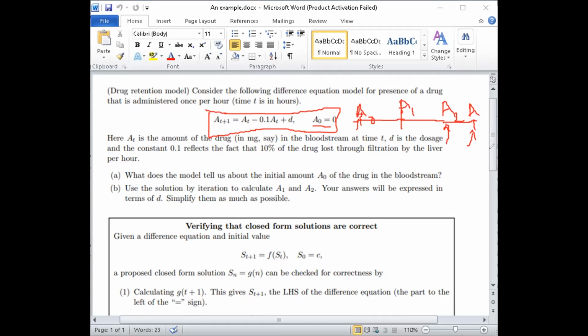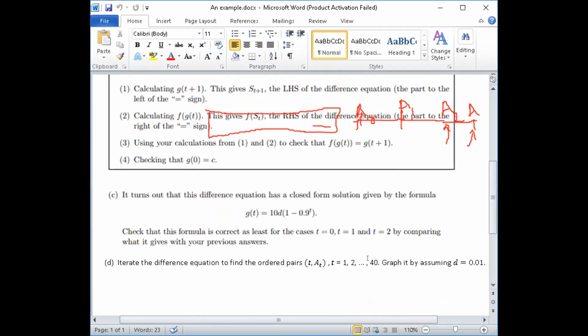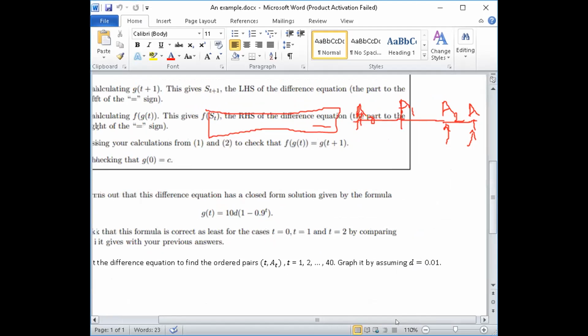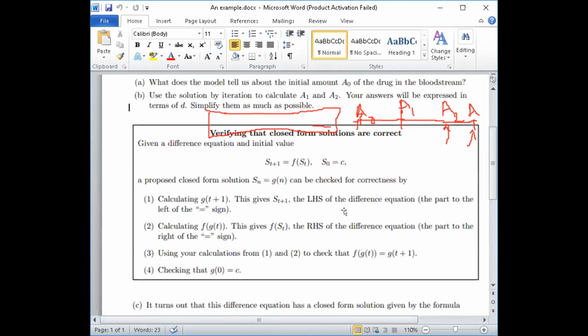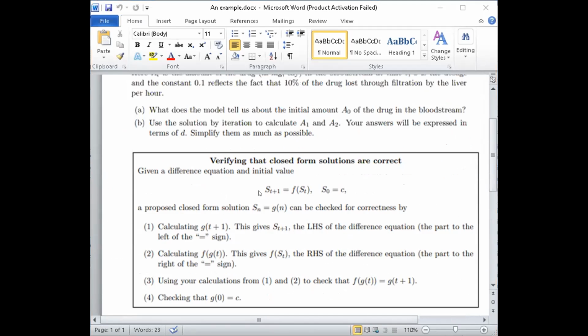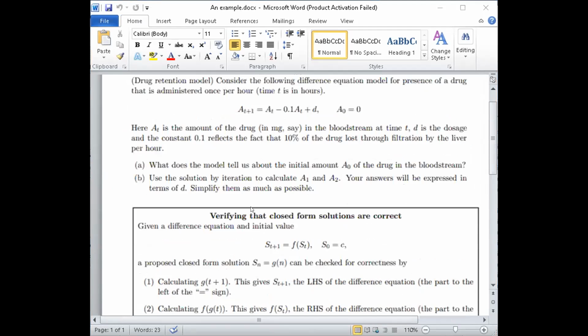Let's suppose your dosage is this much, 0.01, right? All right. So this is the mathematical model.